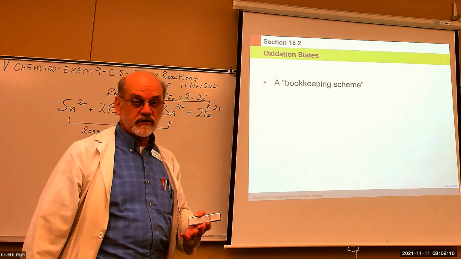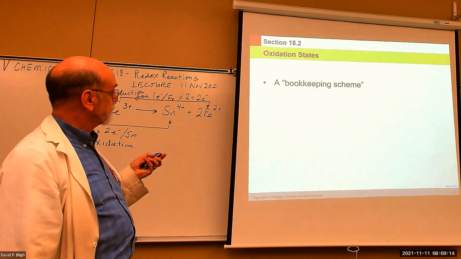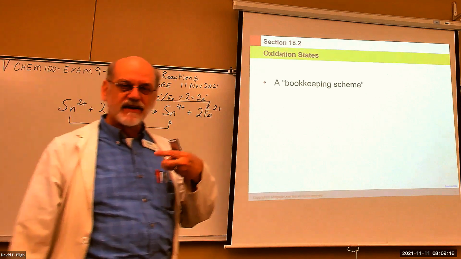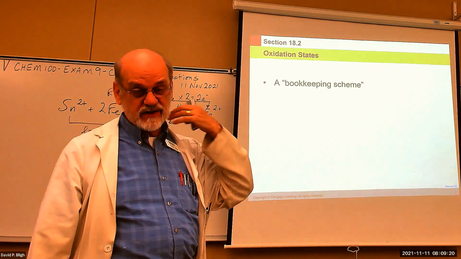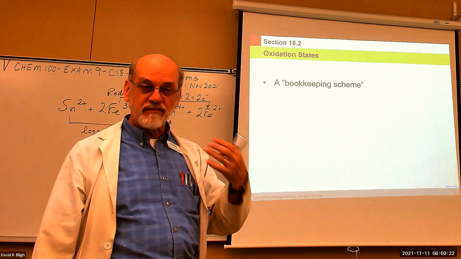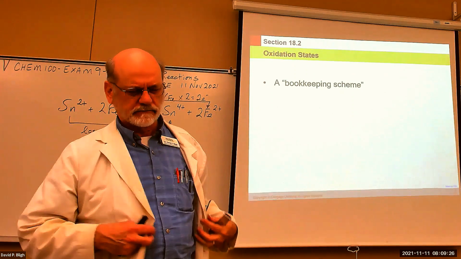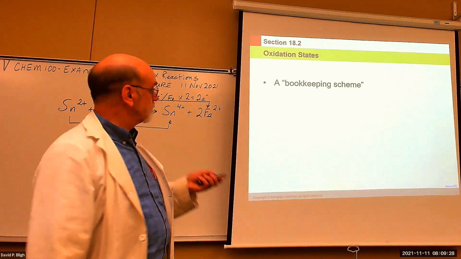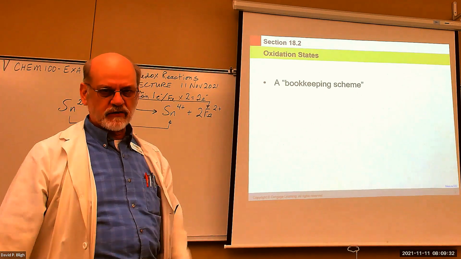And one of the ways we do it is through oxidation states. So we assign what we would consider to be a charge, but it's not really a charge if the atoms are bound covalently, because they share electrons. That's why I call it a bookkeeping scheme. It's just a way of tracking electrons.